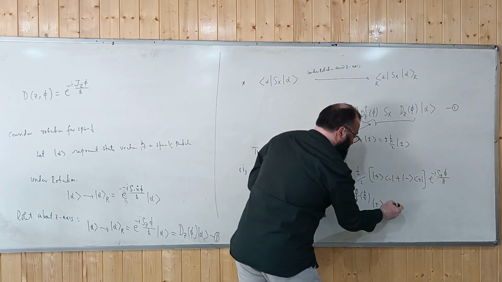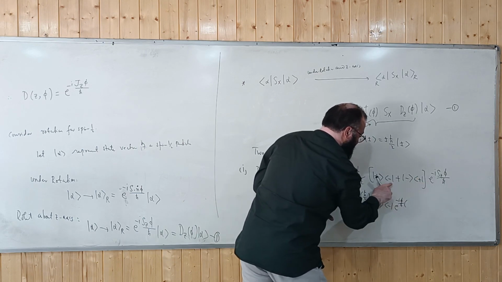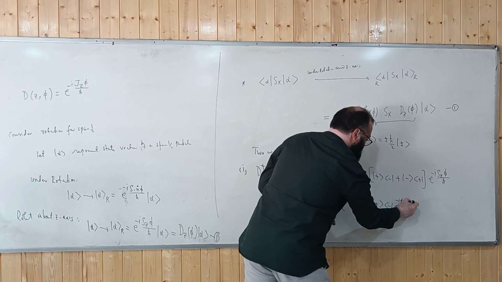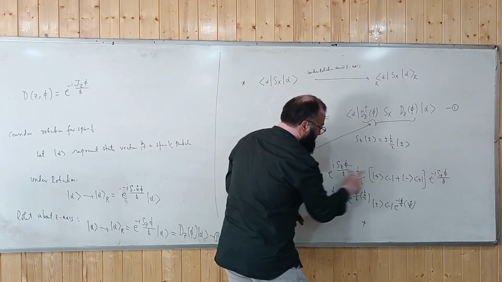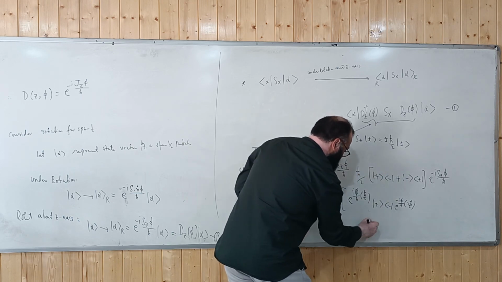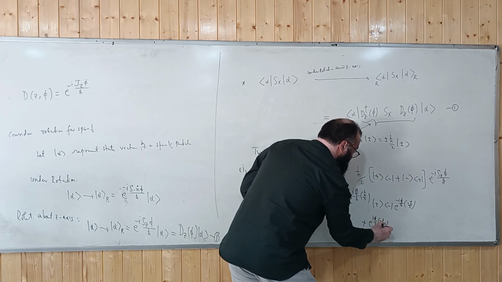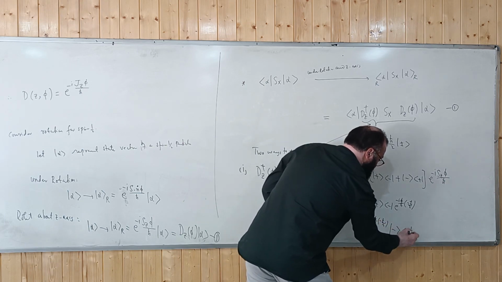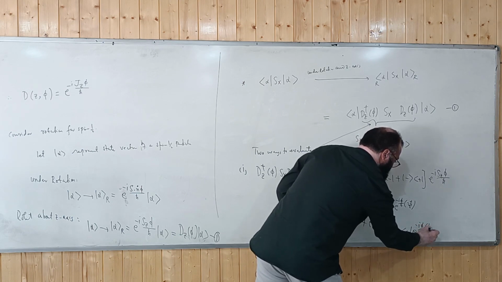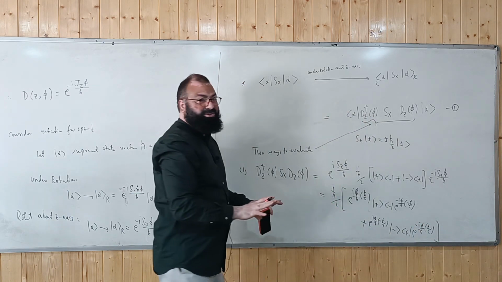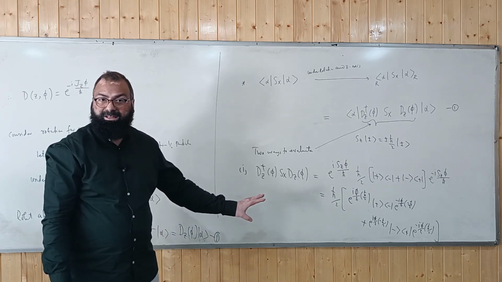So that will give me e raised to minus i phi by h cross, since Sz acting on minus gives minus h cross by 2. So on this, e raised to i phi by h cross, Sz will give me minus h cross by 2, so you are having minus plus. Here it will give you minus phi by h cross by 2. Anybody having confusion here? Just tell me, I can repeat it. Everybody okay?